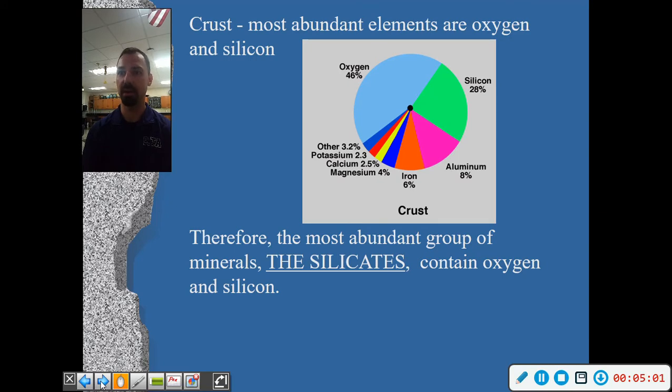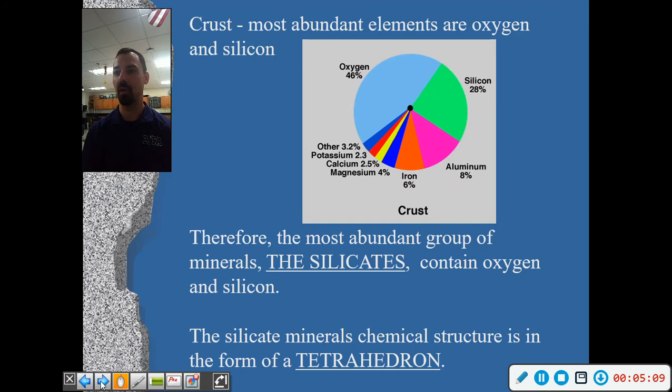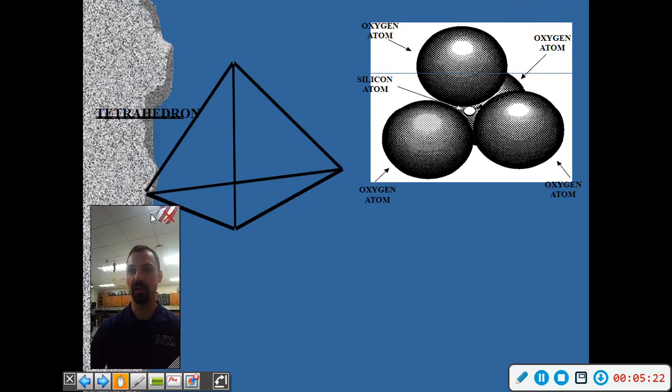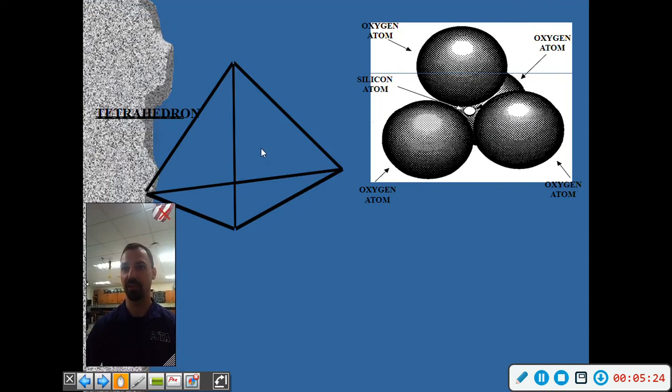The most abundant group of minerals is called the silicates, which contain oxygen and silicon. They make a chemical structure called a tetrahedron, and these tetrahedrons are repeating crystalline patterns which make up your minerals. Here's an example of a tetrahedron, which looks like a pyramid structure.